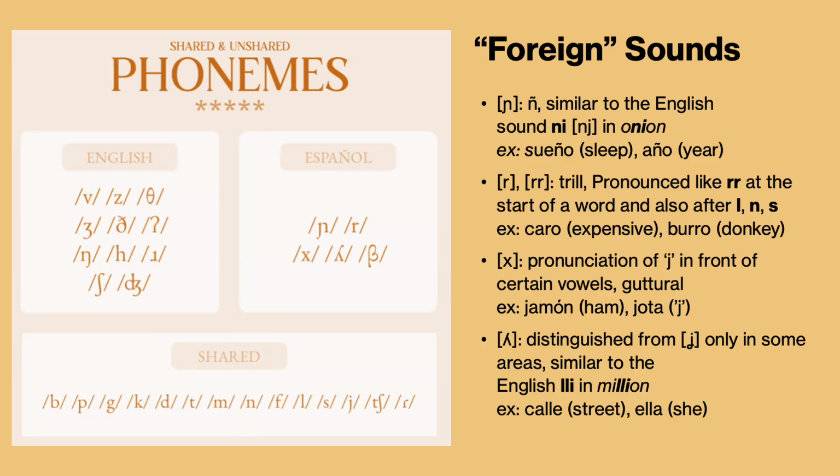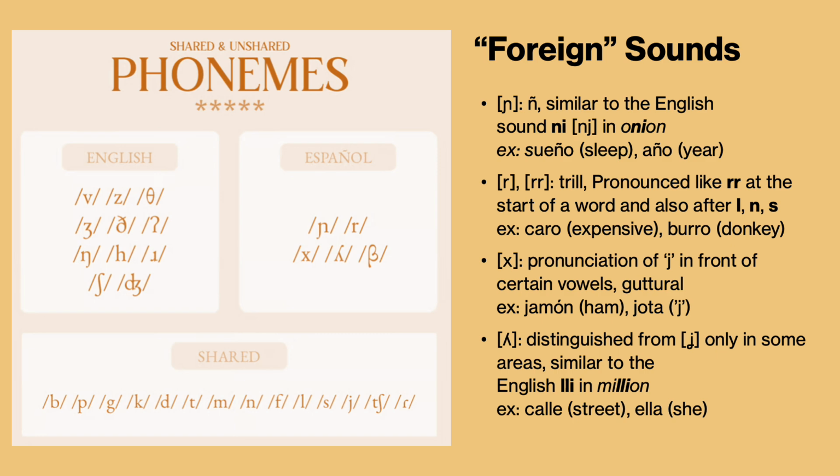This sound is similar to the yeah, like in million. It's a voiced palatal lateral approximant. But at this point, the majority of speakers have lost the lateral distinction and have merged the two together, and it's called a yesmo.